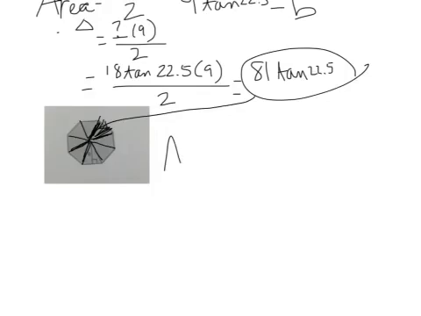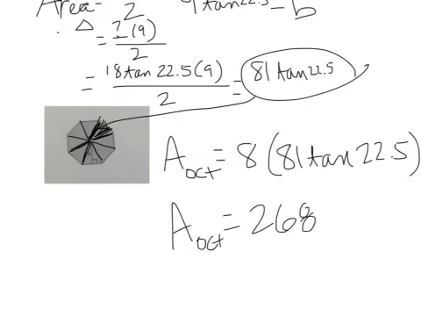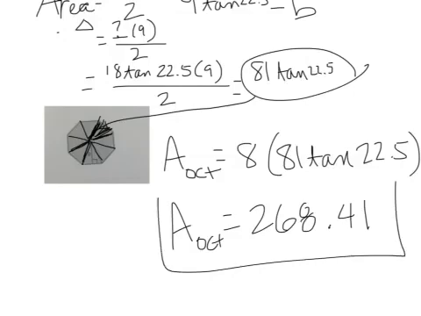So if I want to find the area of the polygon, of the octagon, I'm going to take 8 times the area of the smaller triangle, which is, this is where you can go ahead and change it into decimals. And that is 268. The area of the octagon is 268.41 square units.